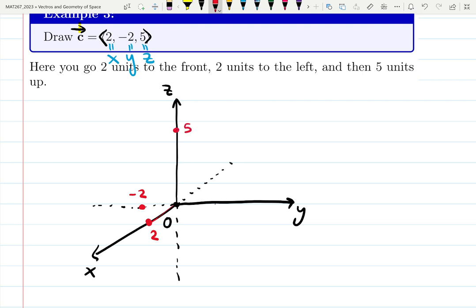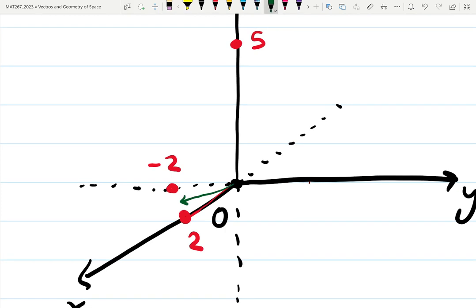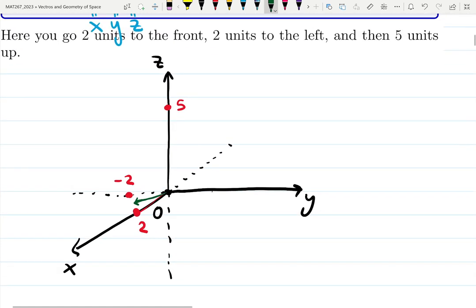We go 5. So usually you imagine it like so. You first draw a vector in 2D. In 2D, you see, it will be somewhere in between, right? So if it's 2 to the front and 2 to the left, because it's negative, then somewhere in between, and then it's lifted up. So from the center, it goes up and points to this fly over here.